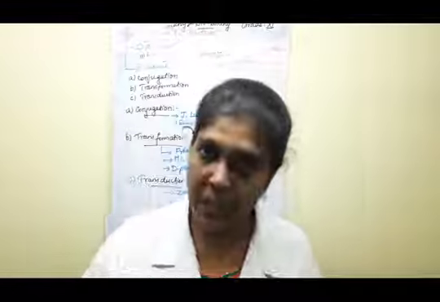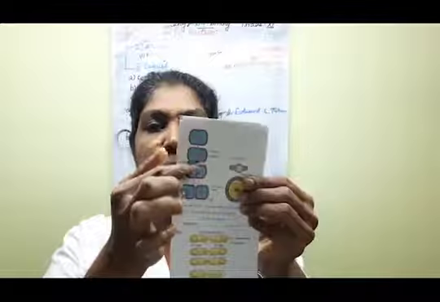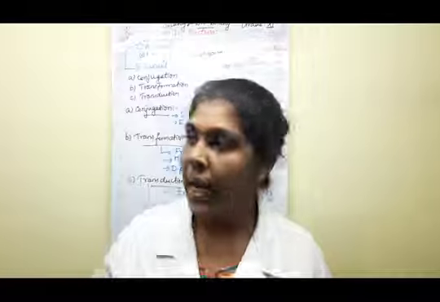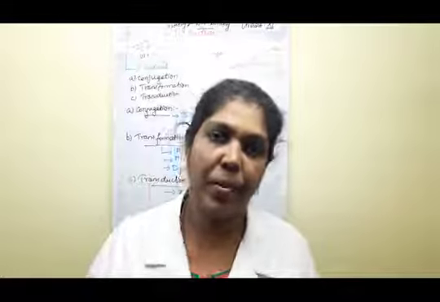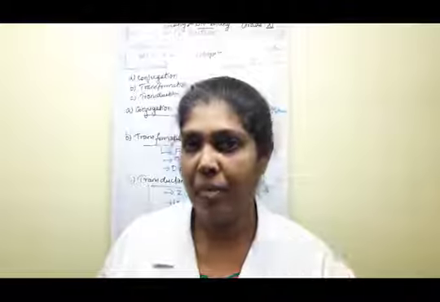The asexual method mainly comes under two types: binary fission and endospore formation. Clear, children? These are the two asexual methods of reproduction that take place in bacterial organisms. Understood? Let us learn them one by one.